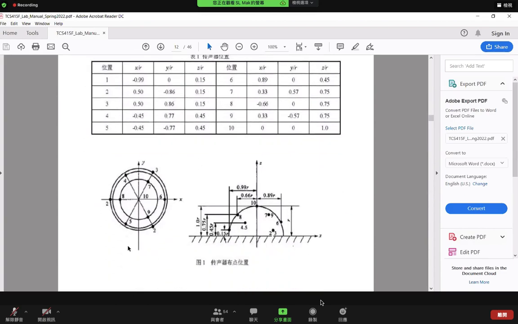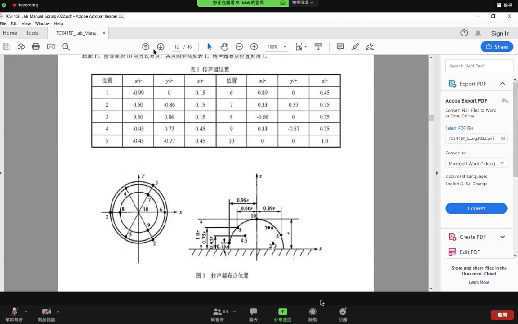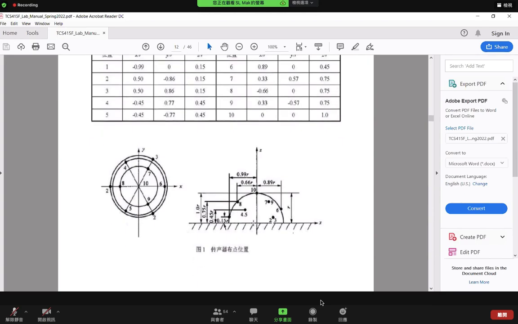Okay, this means we will check 10 different points. The sound source will be placed at the center of this hemispherical shape, and then we will measure the sound level from different locations.